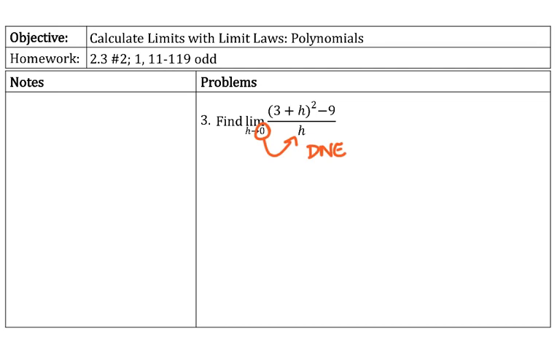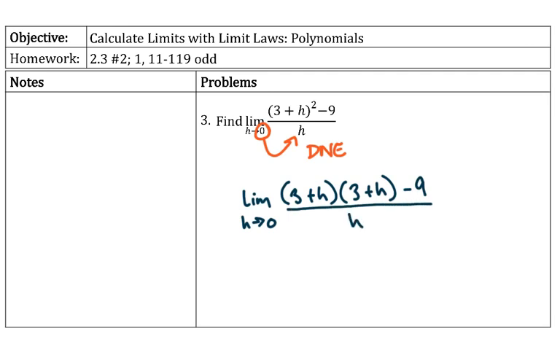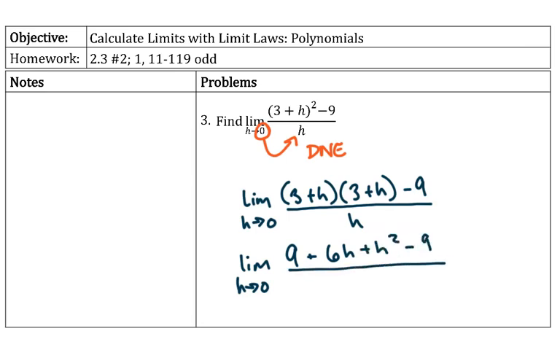In this case, I am going to expand this numerator. So the limit stays the same. We're still looking at the limit as h approaches 0 of 3 plus h times 3 plus h minus 9 all over h. And then I get the limit as h approaches 0, and I'll FOIL this out, of 9 plus 6h plus h squared minus 9 all over h.